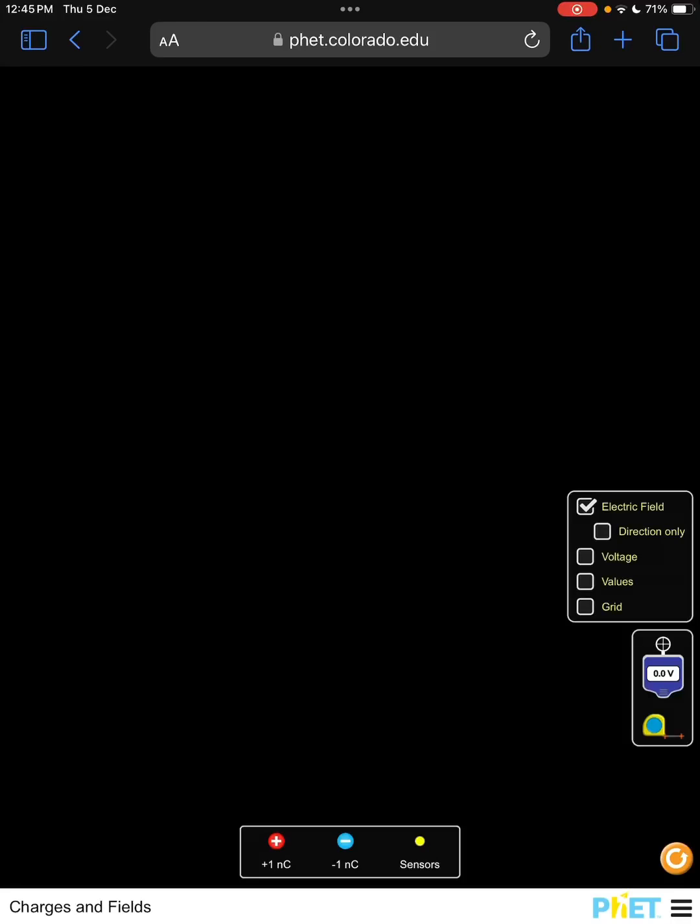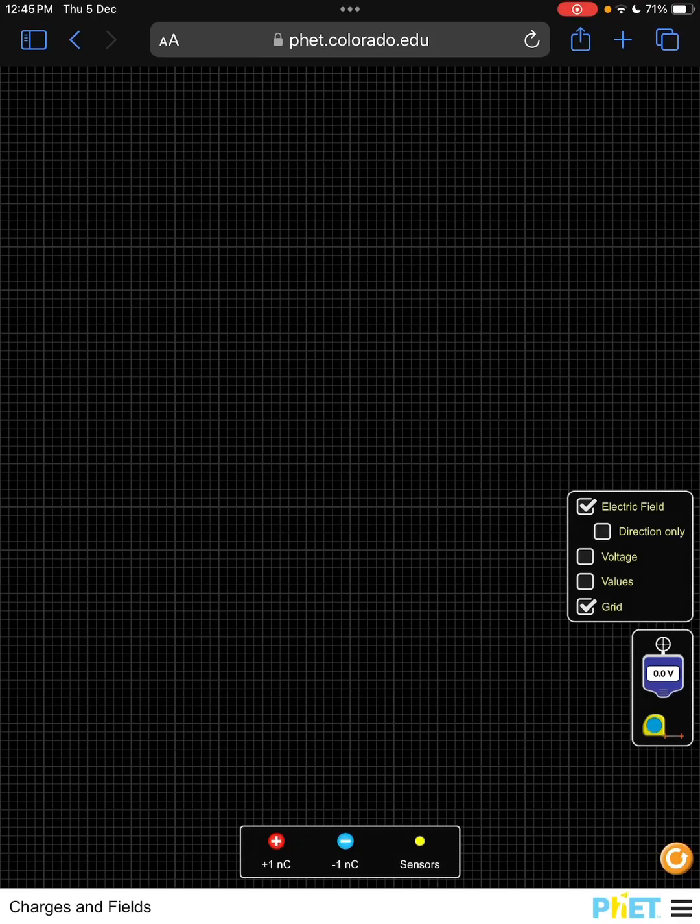So let's go to this website. I'm going to provide the link down below. This is by the University of Colorado, and it shows you a cool simulation. In this simulation, you can see the electric field set up by positive and negative charges. So let's create a grid. Let's also have values.